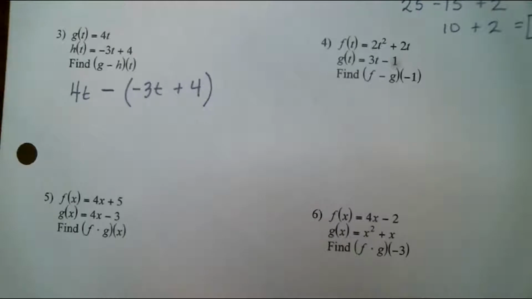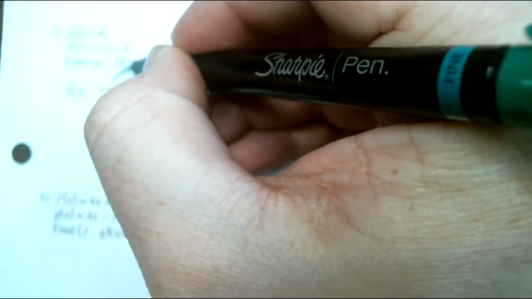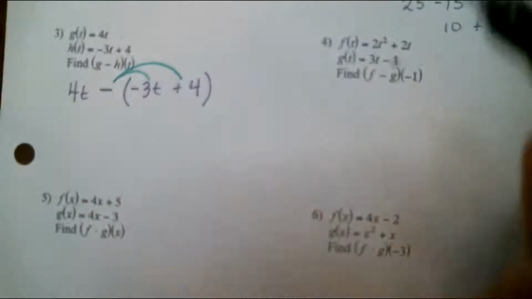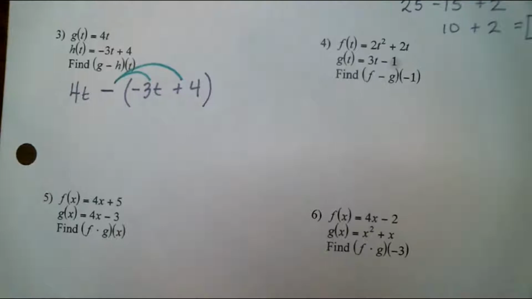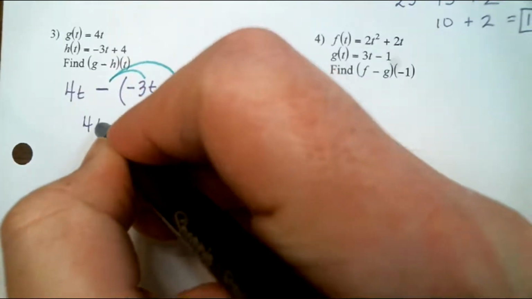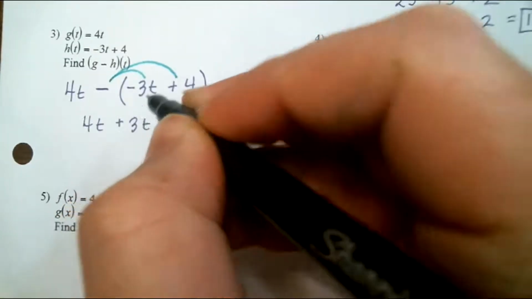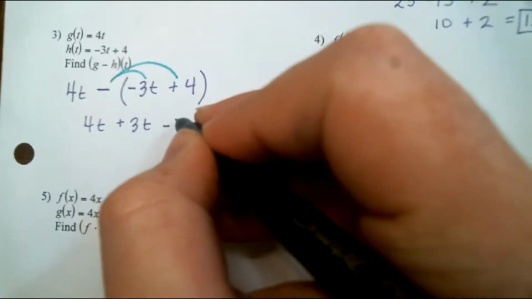Then let's distribute to take care of that. We get 4t plus 3t minus 4.